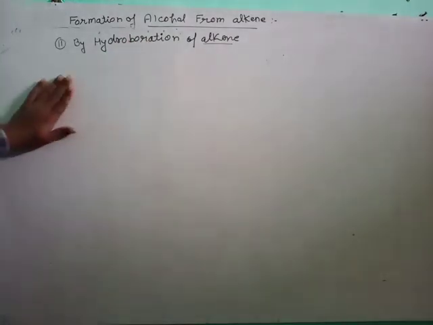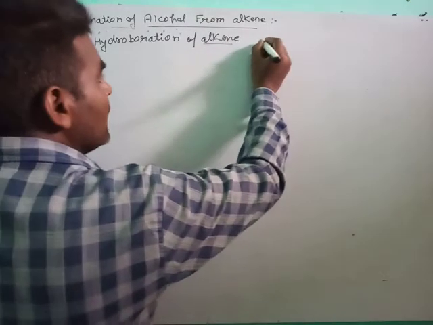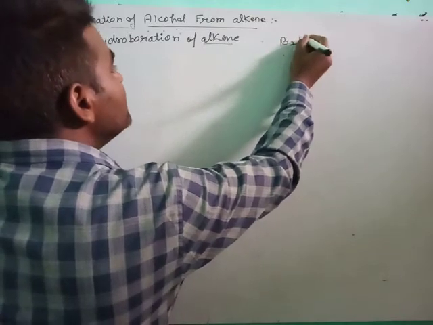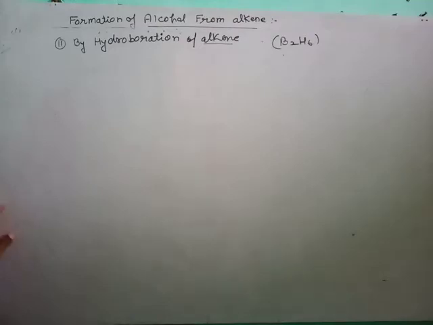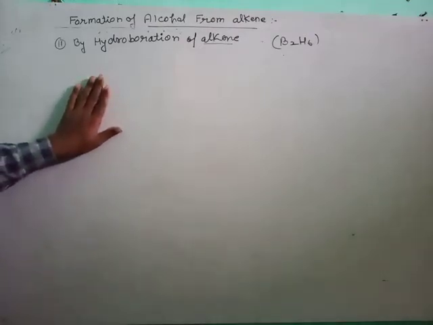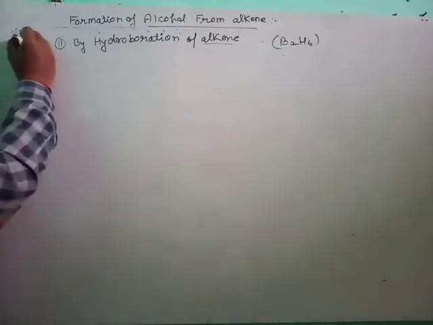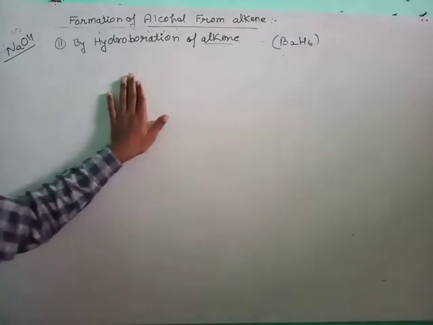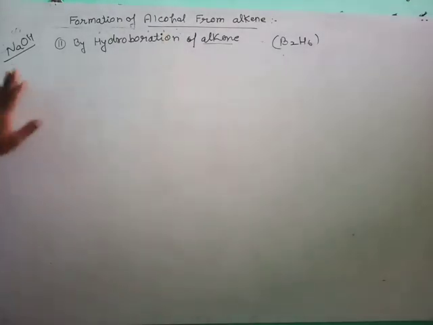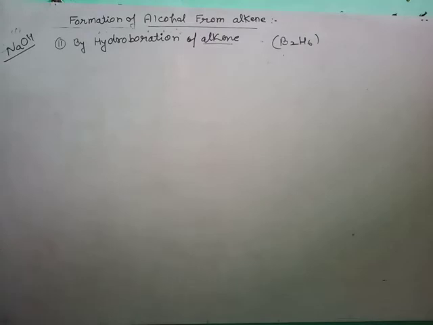Here we can see that when alkene reacts with diborane, B2H6, in the presence of sodium hydroxide as base, it gives alcohol in the final step.